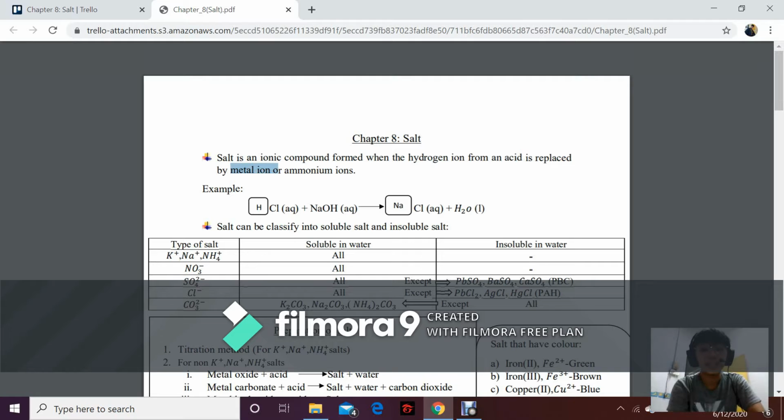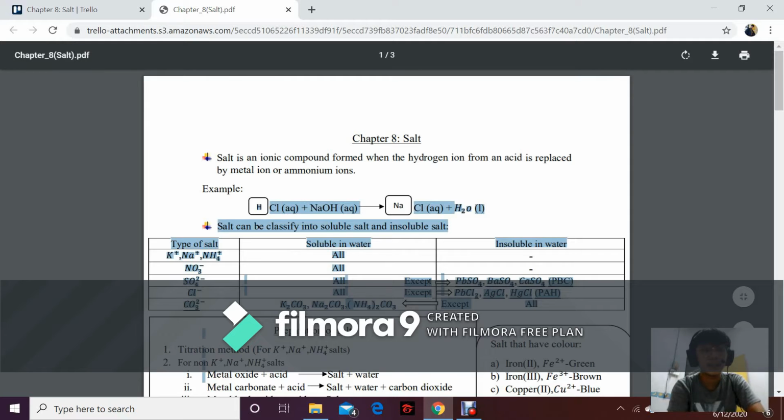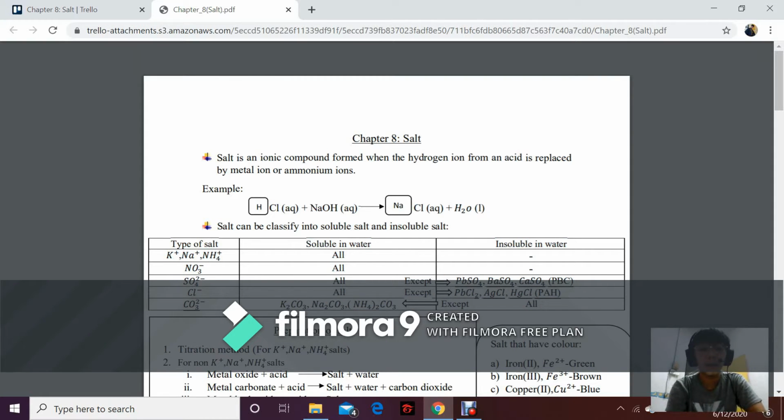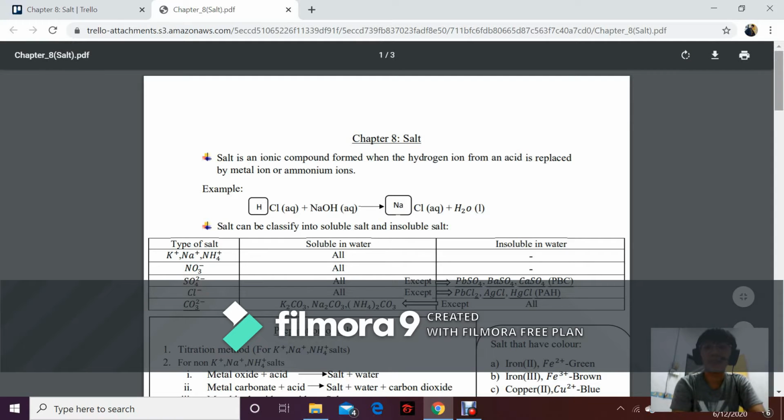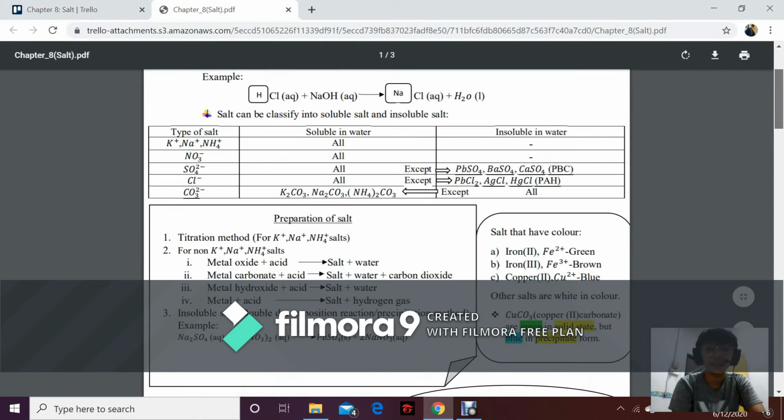So if your acid is hydrochloric acid, for example, HCl, then the hydrogen ion is replaced by sodium to produce sodium chloride. Then the sodium chloride is a salt, and the NaOH is the base. HCl is acid. So the reaction for base and acid, you will produce the salt and water.